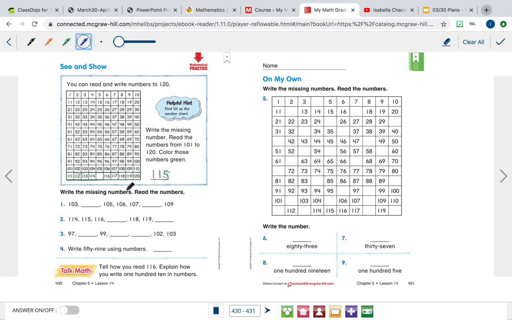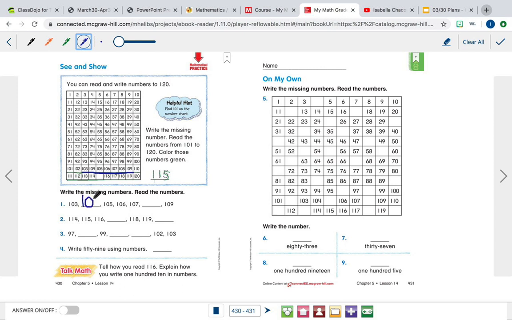Our first missing number, 103 blank, 105, 106, 107, 108, 109. So let's find 103 right here. And let's underline all the way to 109. 103, and our first missing number is after 103. So what will it be? I hope you said 104.